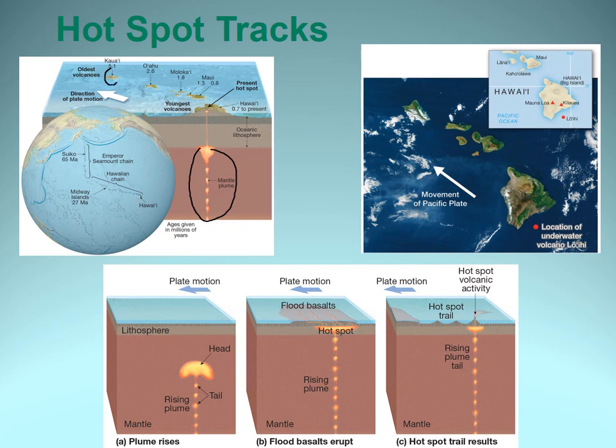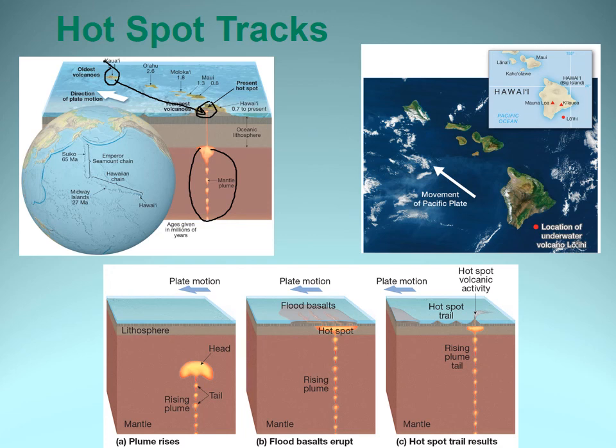Over here in Kauai, this island used to be over where the magma plume is, but it has moved northwest. Oahu also used to be there, and then as you see these series of islands, it just so happens today that the Big Island is the spot that is over the magma plume, so it has the most active volcanoes.